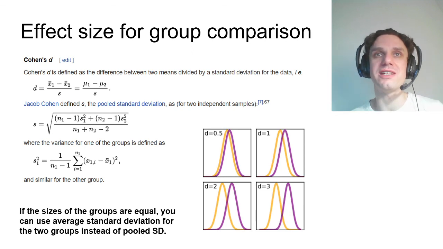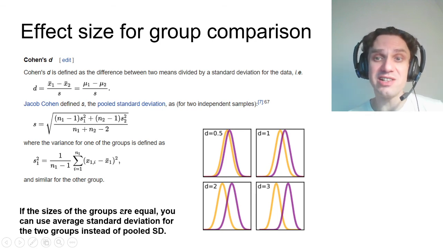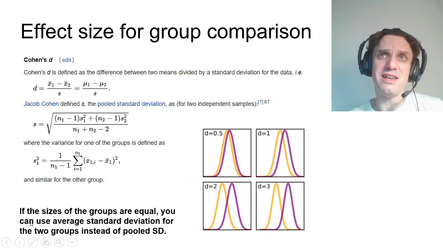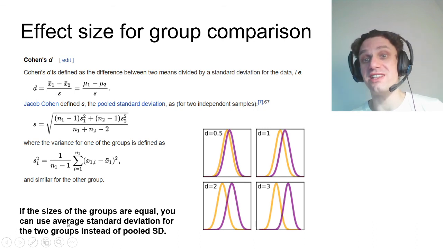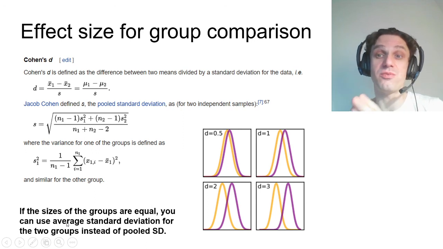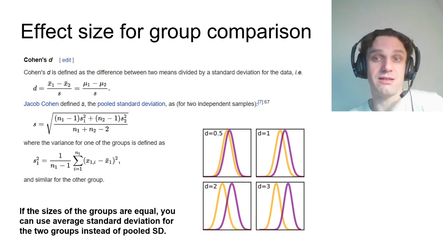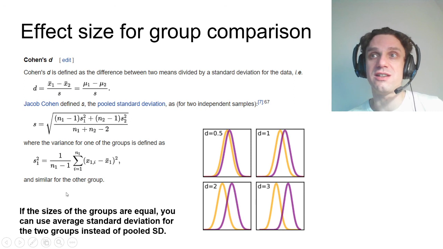That's the reason why this formula is used. However, if your groups are equal in size or are very similar in size, you can simply use in the denominator just the average standard deviation across those two groups. So you calculate standard deviation for group 1, for group 2, and you average the results and you get the average standard deviation. Some online calculators also use this formula.